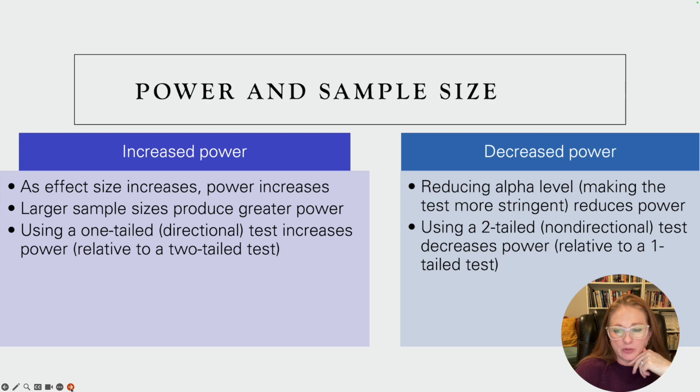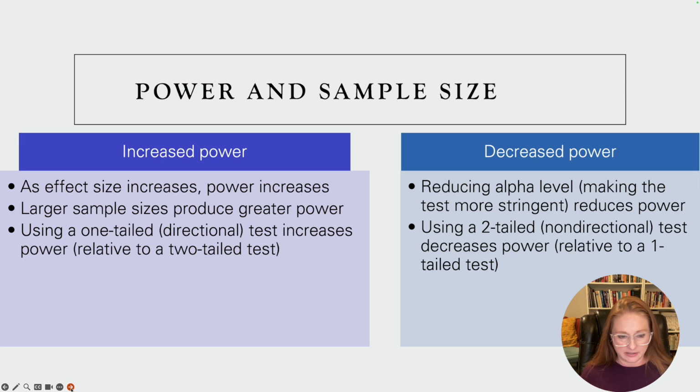Just a really quick note about power and the size of the sample you're pulling: what increases versus decreases power. As the effect size increases, power also increases. A larger sample size is always good, so it's no shock that a larger sample size produces greater power.